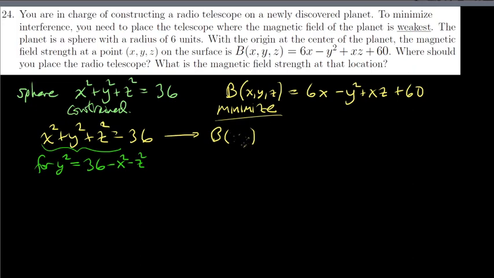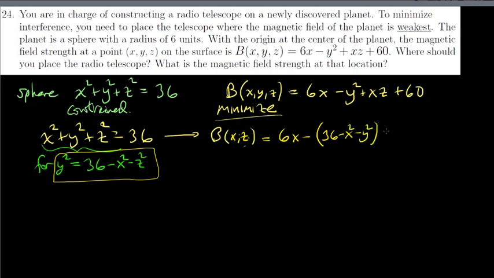That gives us the magnetic field strength as a function of x and z, because we're eliminating y. So this will be 6x minus y squared, but y squared, remember, is 36 minus x squared minus z squared, plus xz plus 60. Obviously, the 60 is not going to matter here. It's just some constant.